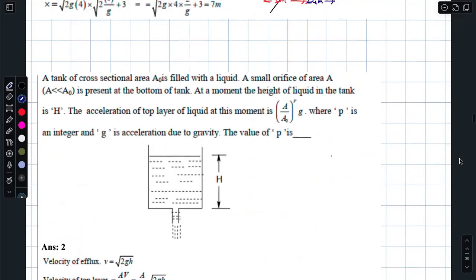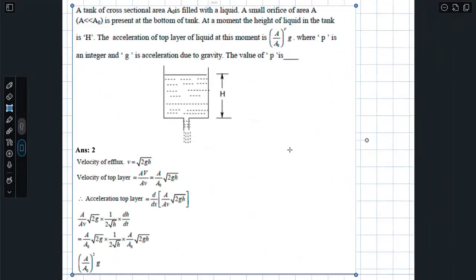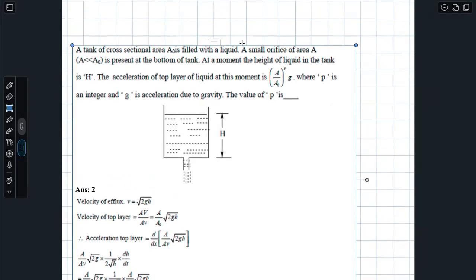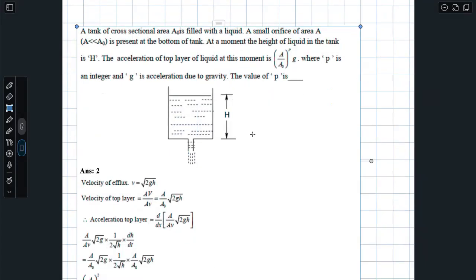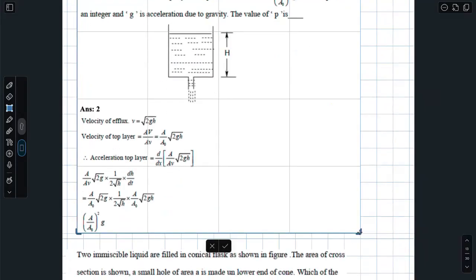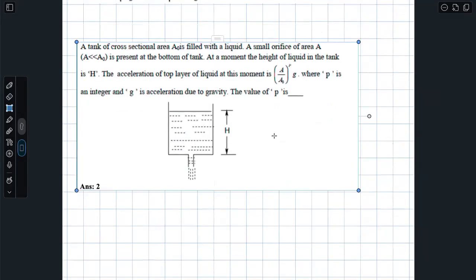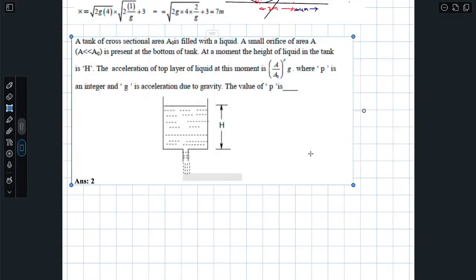This is also a very good question actually. Go through this. Start working on this, please.